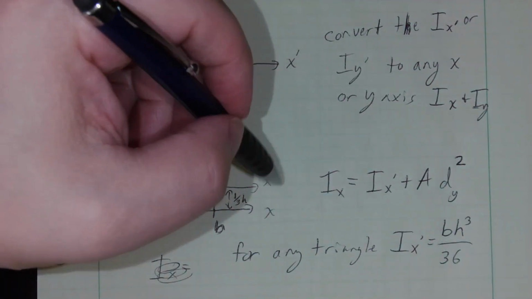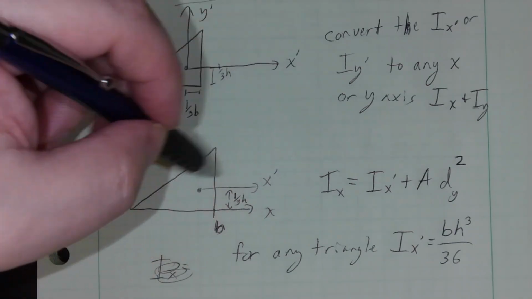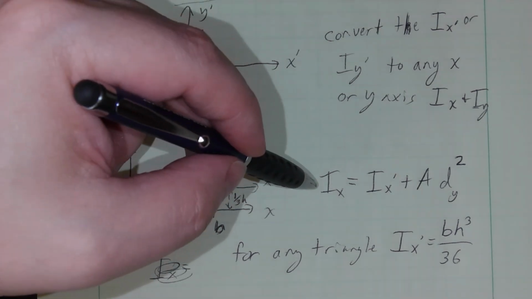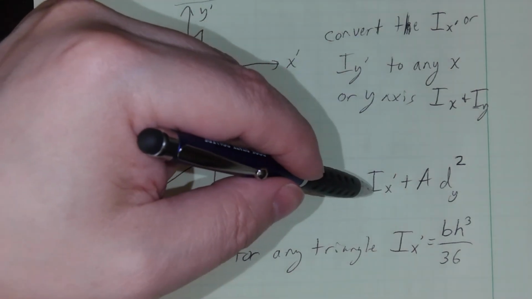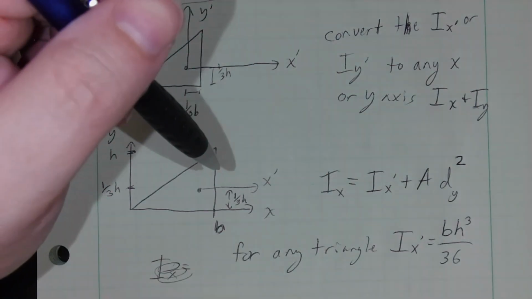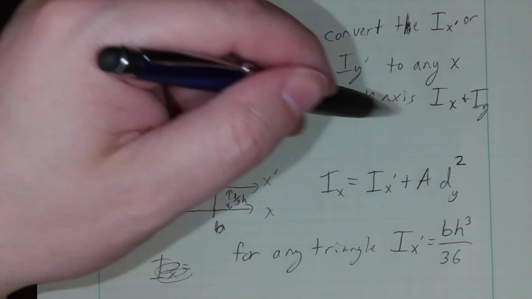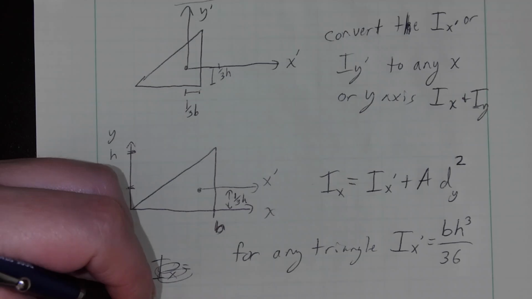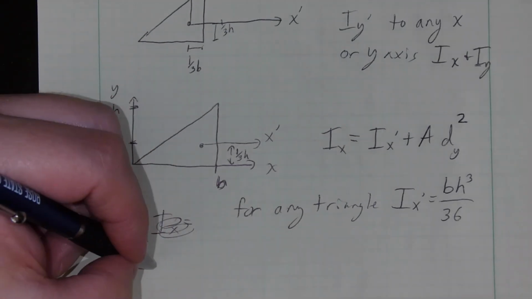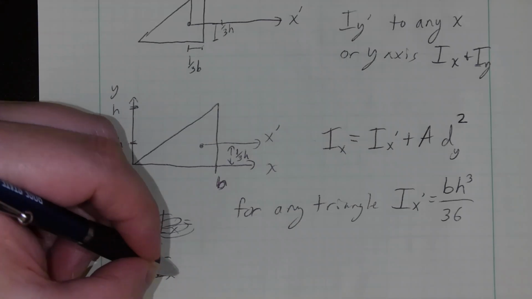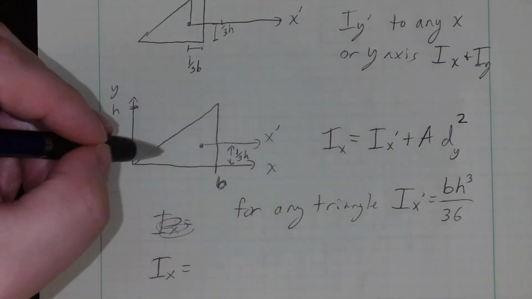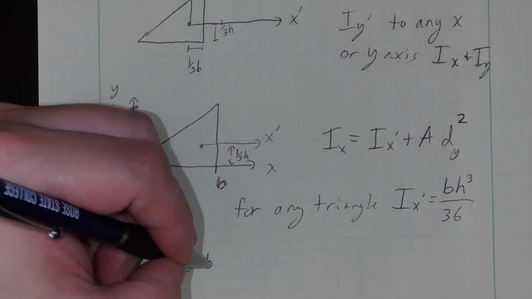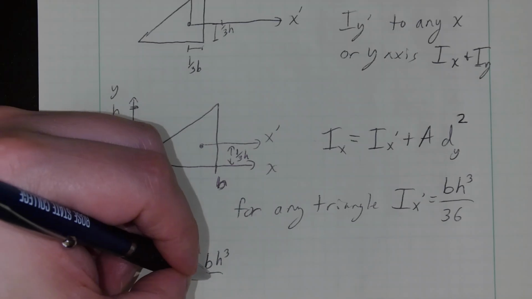That would be the moment of inertia about this x-axis. Now, I've already found the moment of inertia about this axis, but let's put this to the test because I already know this, and I found this inside the cover of my book. So let's compute it using this method and see if we get the same answer. If we do everything right, we should. Be a nice check. So let's find this moment of inertia about this x-axis, because I know it about this axis from the textbook. That is bh cubed over 36.